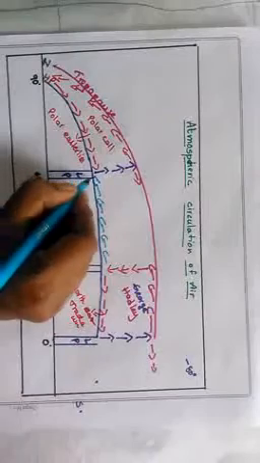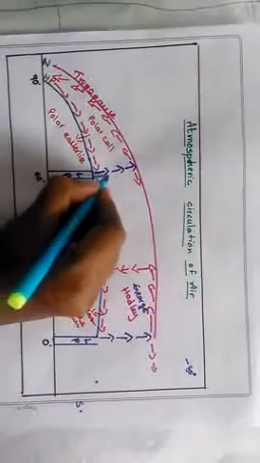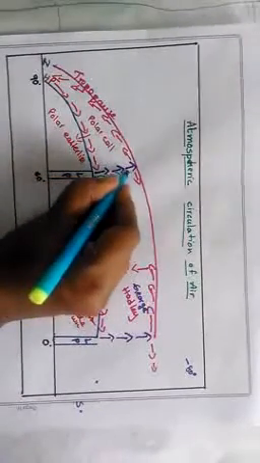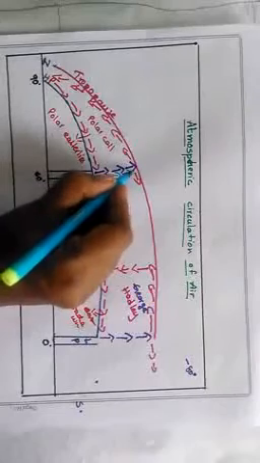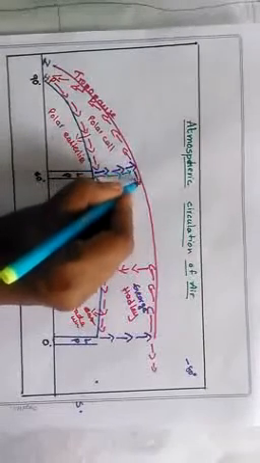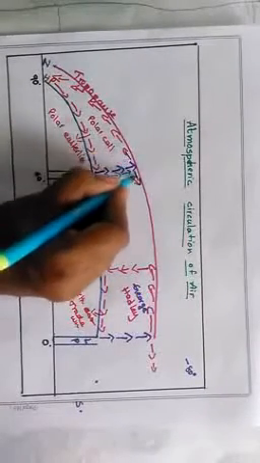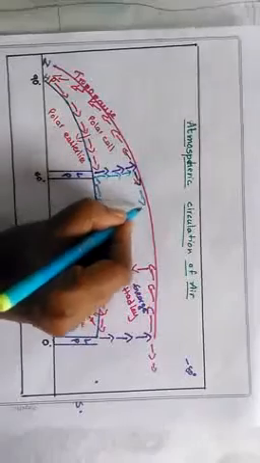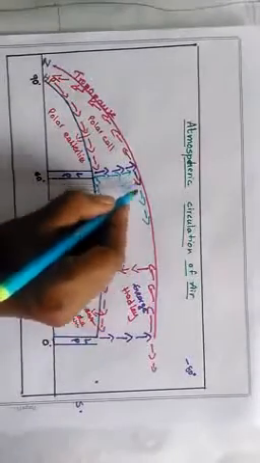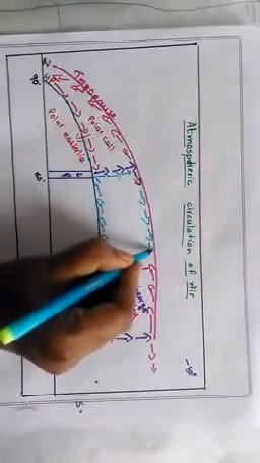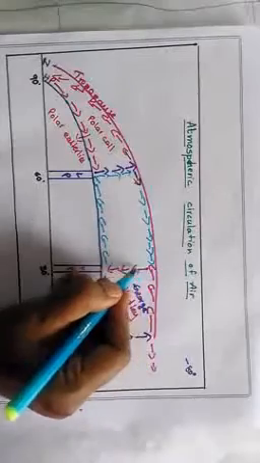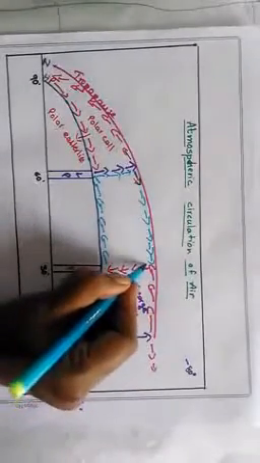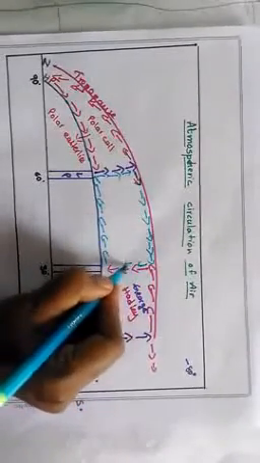After coming to the low pressure area, the air again moves to the upper layers of the earth, approximately to the tropopause. After reaching the tropopause, it diverges its direction, some towards this direction and some towards this direction, and from here to this direction. After reaching the 30 degrees high pressure area, it diverges its direction like this.